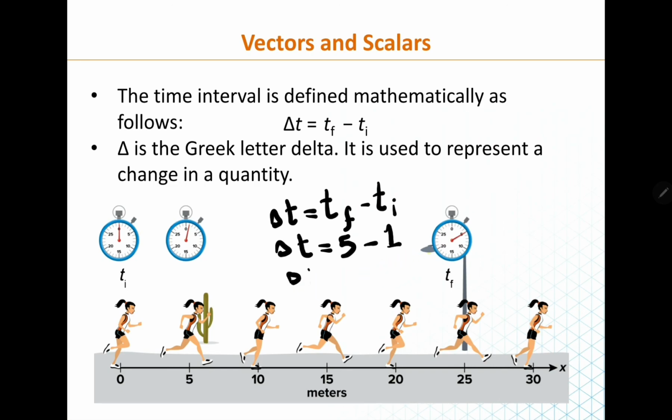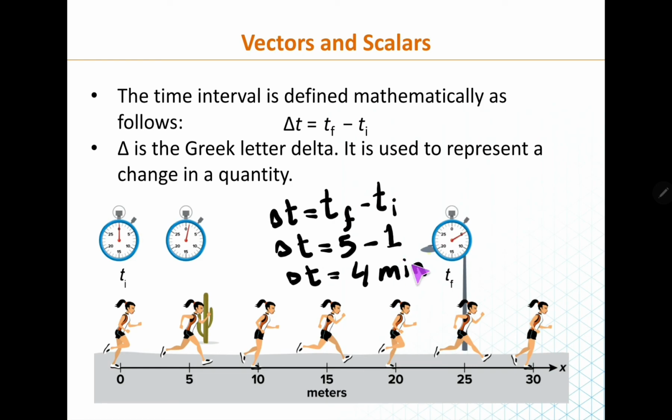So delta t equals 5 minus 1, that's equal to 4 minutes. You can see here that delta t is equal to 4 minutes.